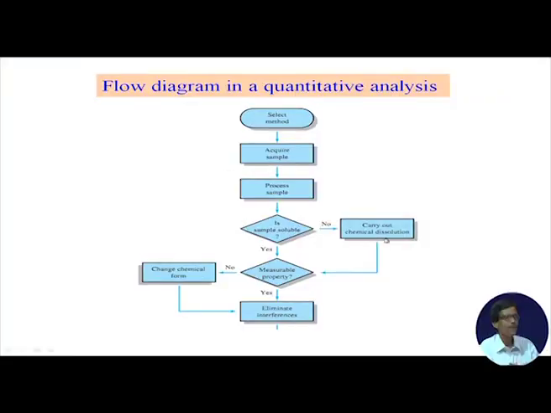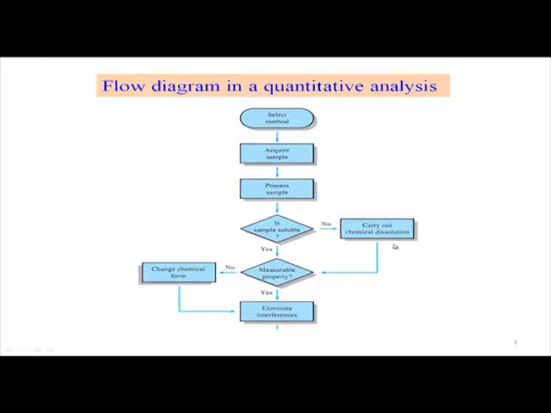We will slowly see how we can process it. In this case, if it is a steel sample, we treat it with some acid or mixed acid, say concentrated sulfuric acid or concentrated nitric acid. If this acid can carry out the dissolution, that means steel can be attacked by these acids, you get the solution.